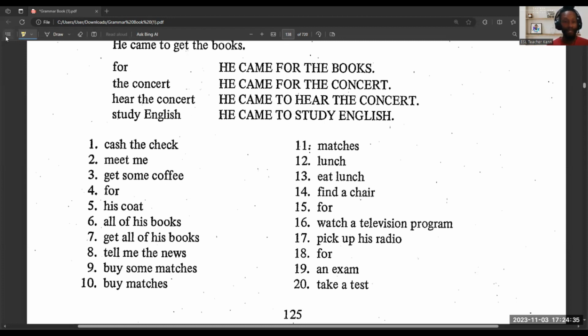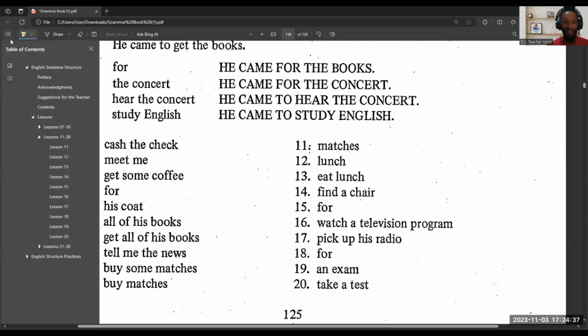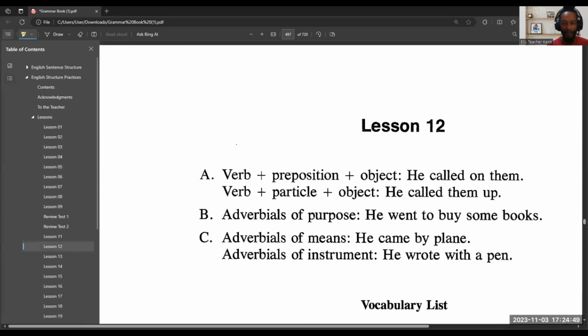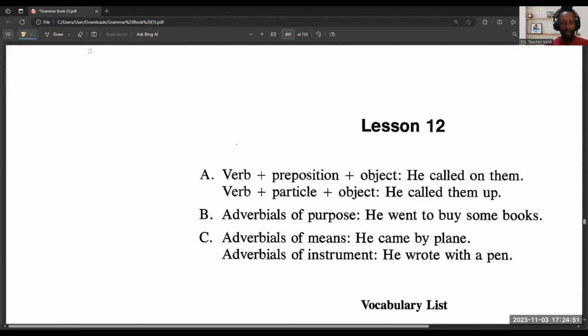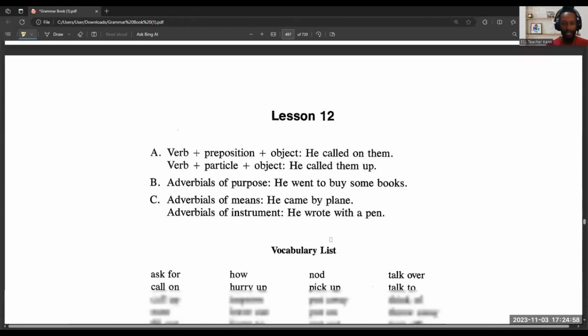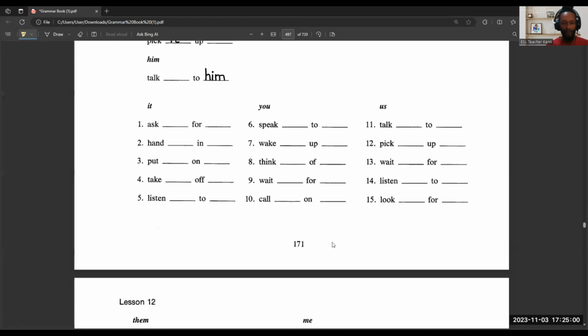If you would like to practice on the other section of the book, on the English sentence practices, let's take a look. You would go to lesson 12 and you will look for letter B for adverbials of purpose. Just a moment. Let me find it with you.